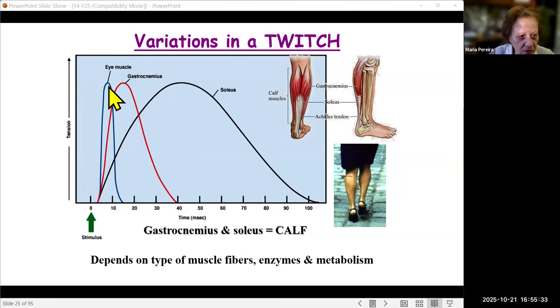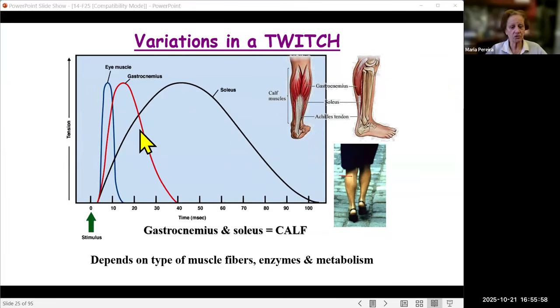So you have the twitch that is very short-lived. Now this is the twitch for the gastrocnemius, a muscle in the leg. You see that the twitch lasts longer. And then in the soleus, which is another muscle in the leg, the twitch goes on for 100 milliseconds.